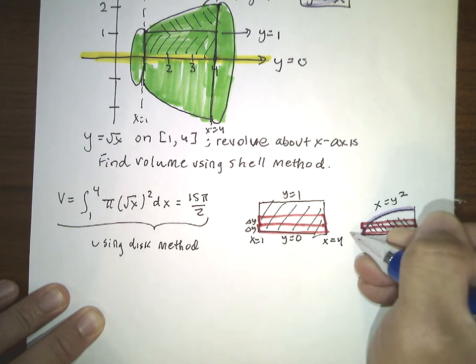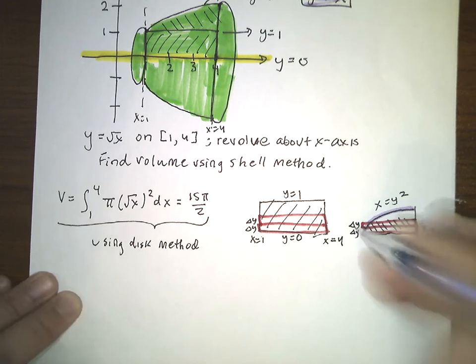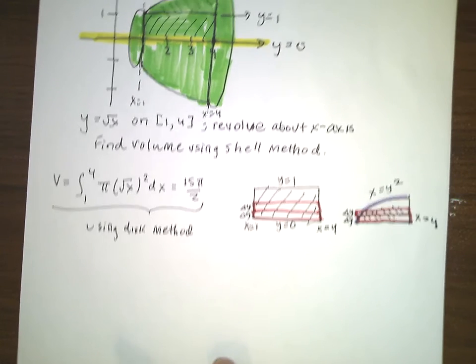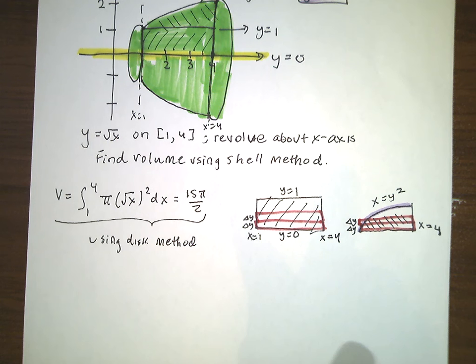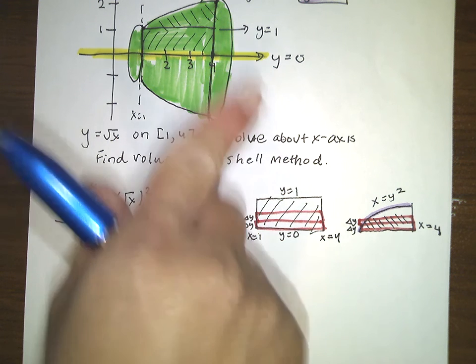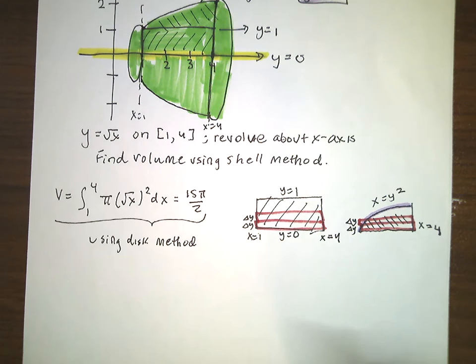Remember, this is just a representative rectangle, and we would be getting infinitely many of these, and that's how it ends up being the integral. So just remember that.